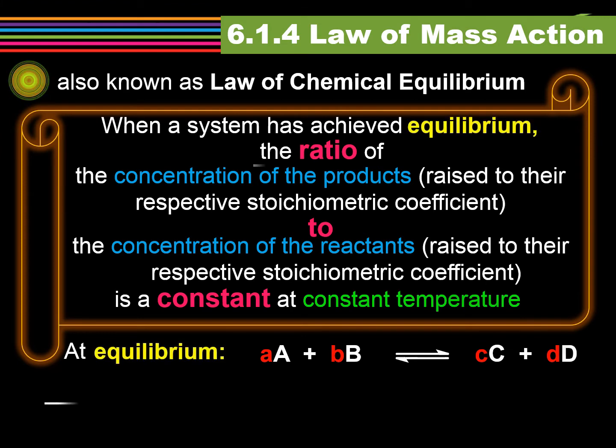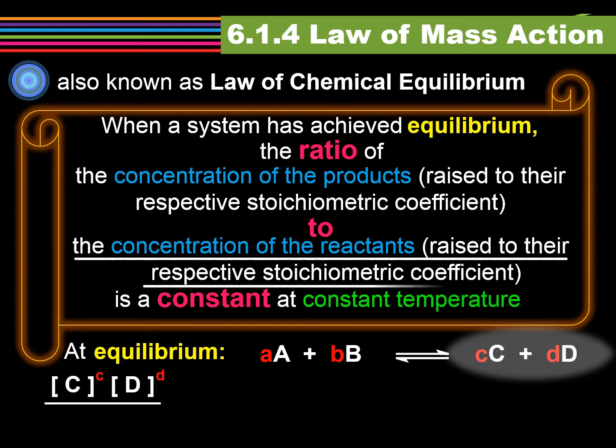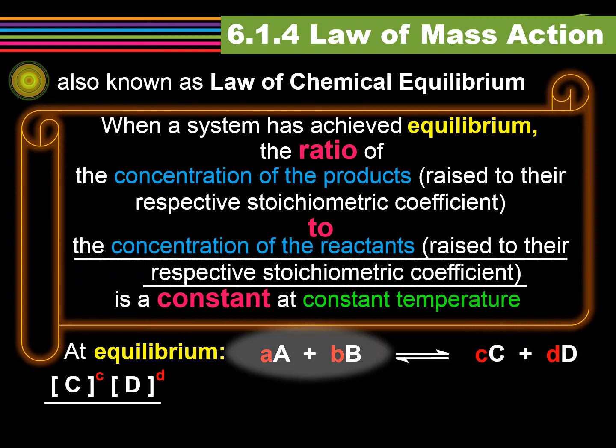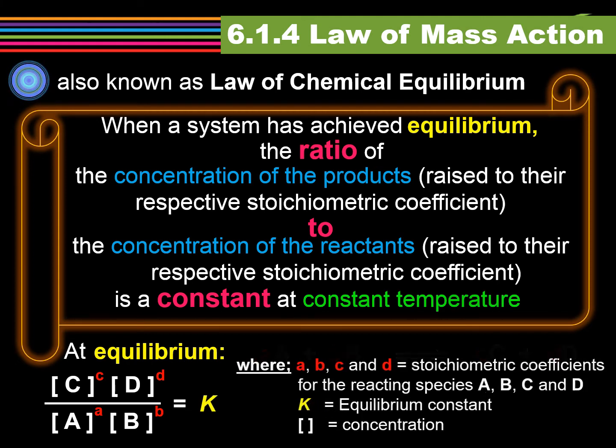At equilibrium, the ratio of the concentrations of the products C and D raised to their respective stoichiometric coefficients over the concentrations of the reactants A and B raised to their respective stoichiometric coefficients is a constant at constant temperature, which means it will be equal to K, the equilibrium constant.